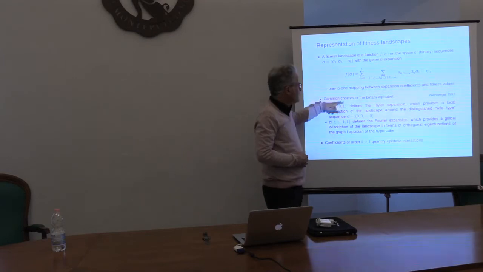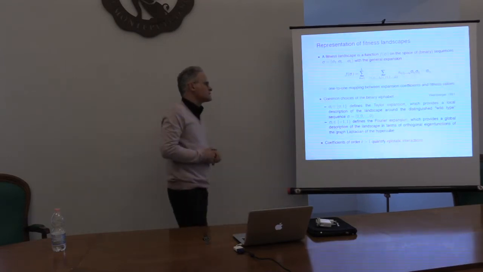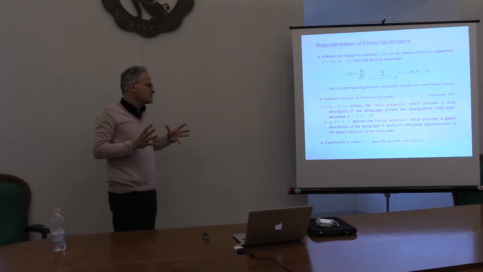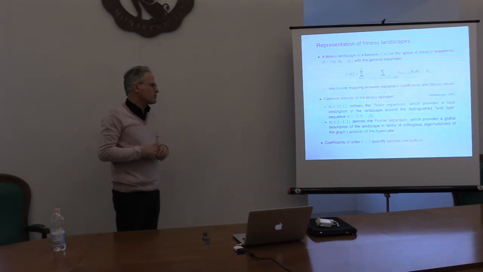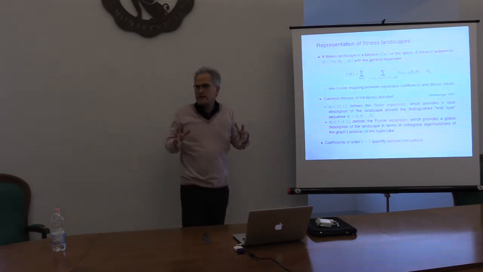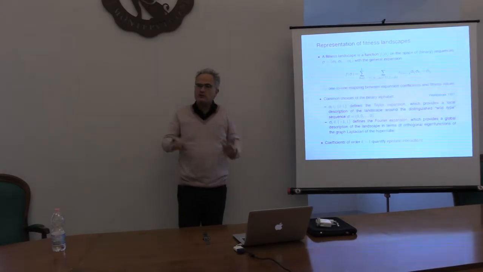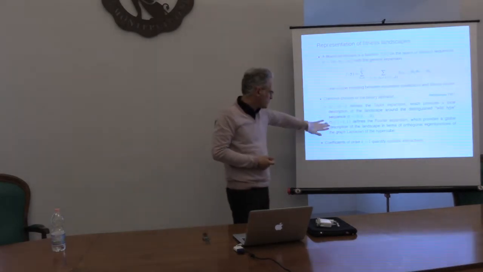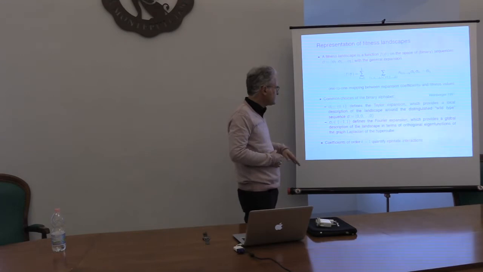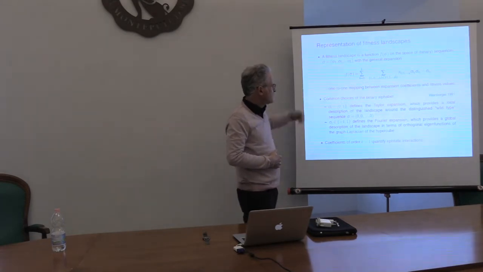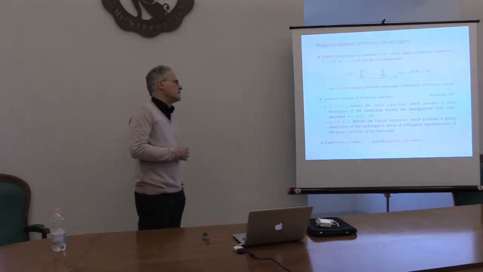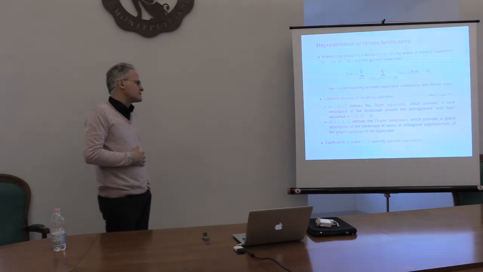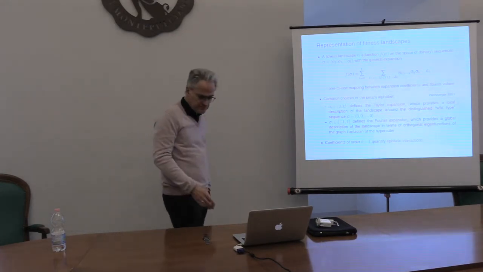In particular, if you choose the minus ones and ones, what you're actually doing is an expansion in orthogonal eigenfunctions of the graph Laplacian, and this has certain orthogonal properties that are nice, so this is what we're trying to advocate now. But generally, this provides a framework for analyzing these kinds of fitness landscapes.